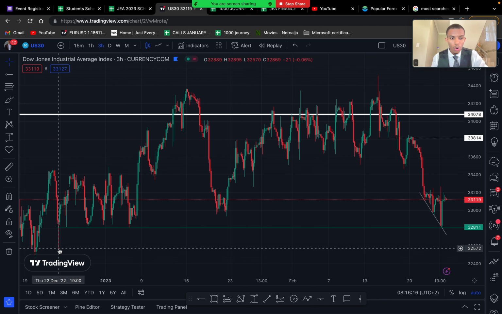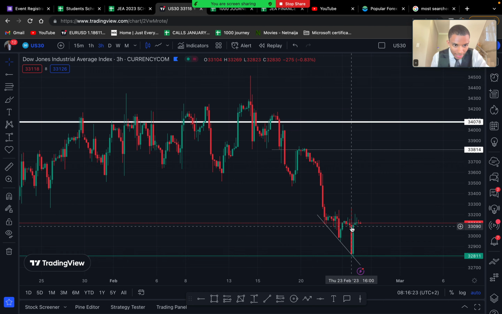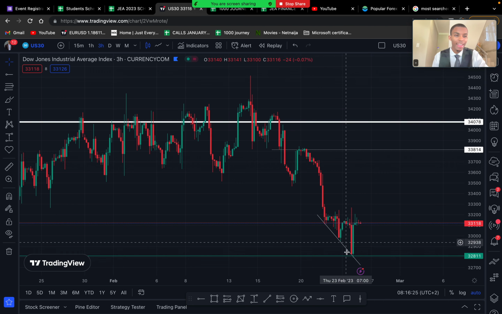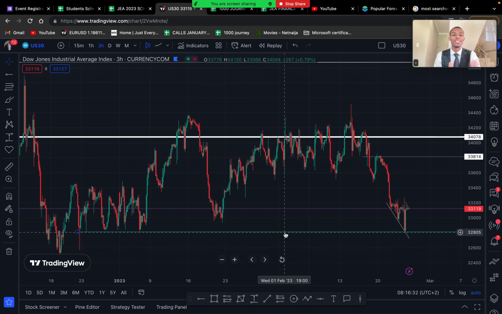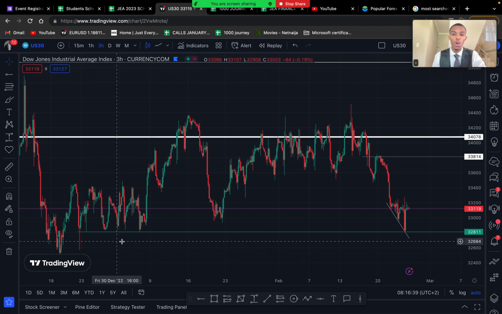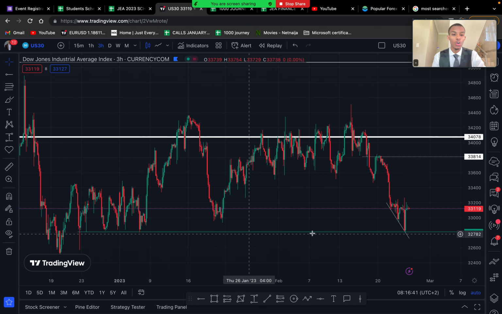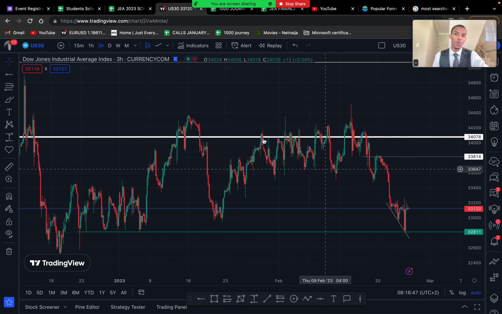And here 19 o'clock rejected. So we have 19, 16, 16, 19, 16, 16 everywhere. Even here, I expect a 19 and 16 to reject there. So this is a valid resistance, as the times that reject this area should be either 19 o'clock or 16 o'clock. And as you can see, we have 16 o'clock and 19 o'clock. So that's another confirmation that we are indeed going to the upside.